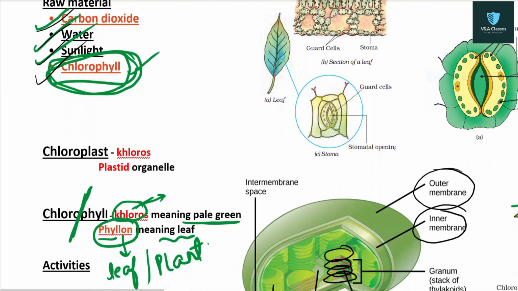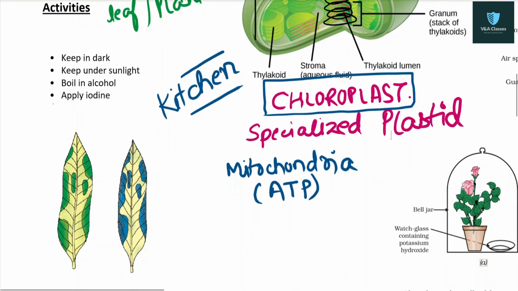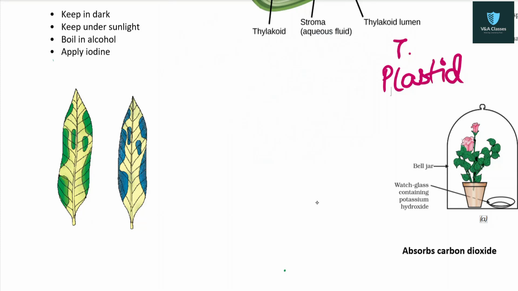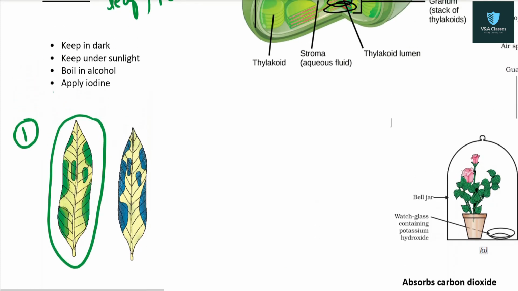Now let's look at some of the activities given in your book, which also emphasize these raw materials. First we will see the importance of chlorophyll. This is your activity 1. We take a leaf and keep it in the dark for some time so that all the stored starch gets used up.